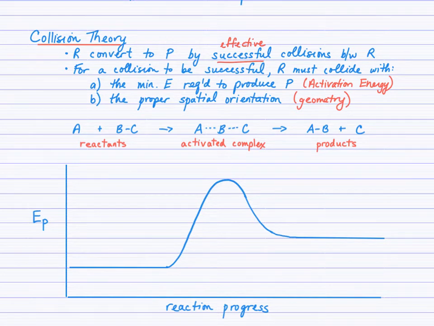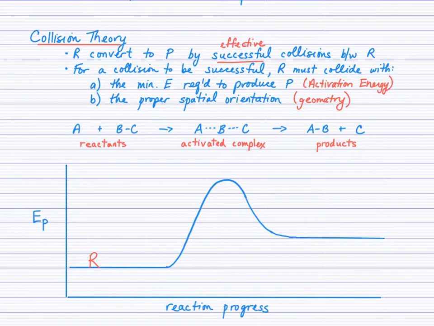So in this example, you'll see I have reactant A plus BC, and then in the middle you'll see there's an activated complex. All right, so we'll build the potential energy diagram as we go here. So the reactants, you can see I've set the potential energy of the reactants to be rather low here.